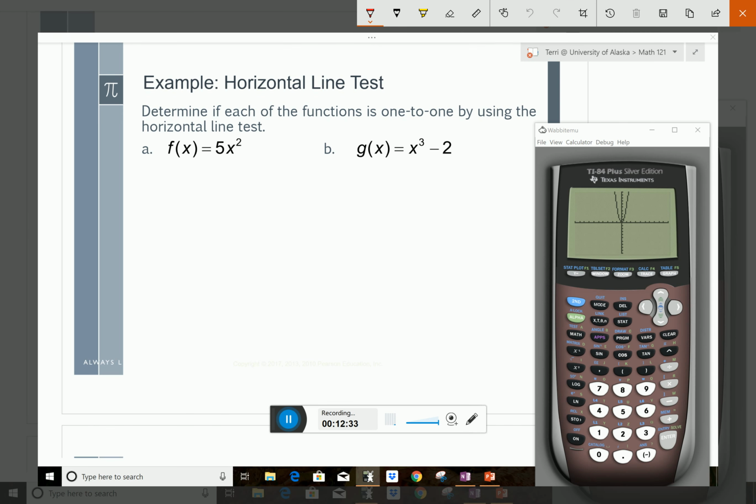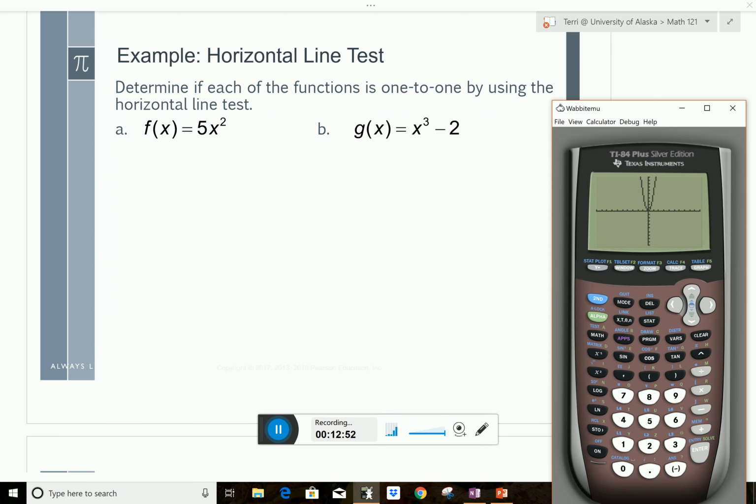Because if I try to draw a line, I go through 2 points right there. So this fails the horizontal line test. Therefore, it's not one-to-one. We already knew that.